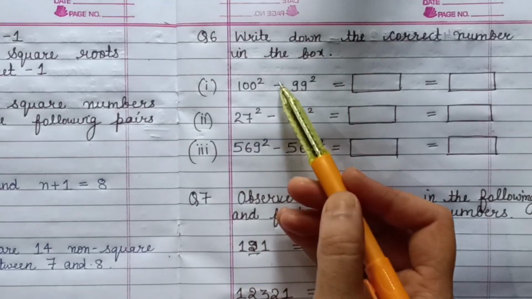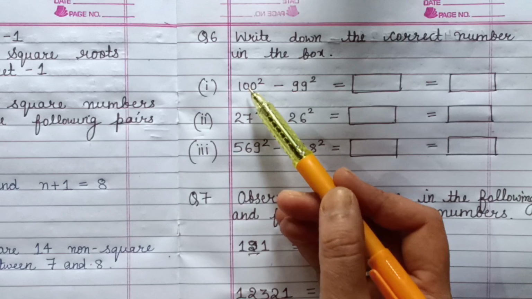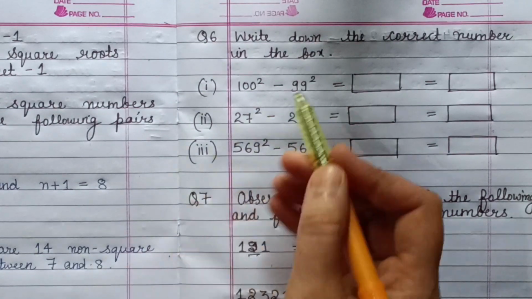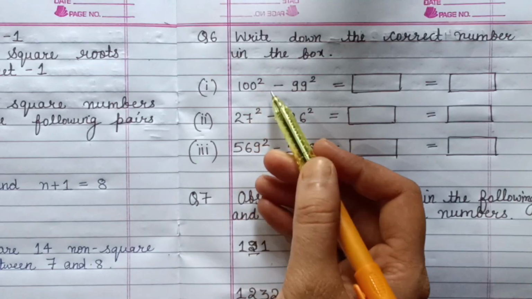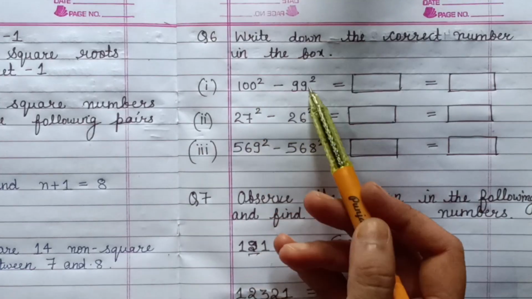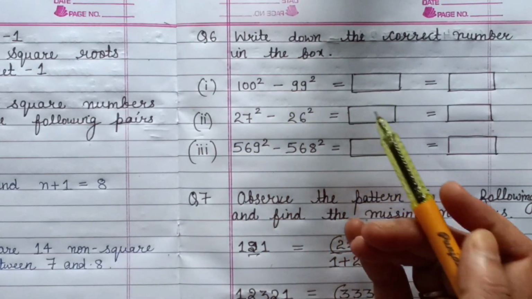Here, this is the difference, means minus, and these are 2 consecutive natural numbers. This is called square. After 99, 100 comes, so we call them consecutive numbers. Here, the difference between the squares of these 2 consecutive natural numbers is equal to their sum.